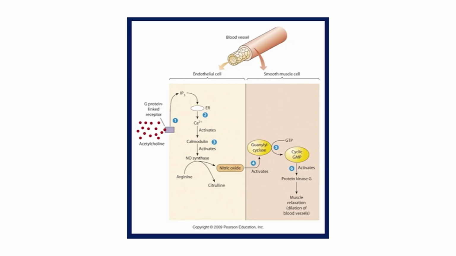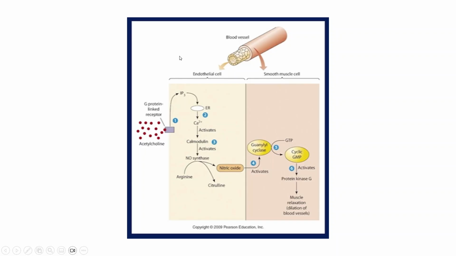So if you have blood moving along, and maybe it's too much, or you have acetylcholine that comes and binds to a receptor on the endothelial cell. The endothelial cell is the cell that forms the inner lining of the blood vessel.